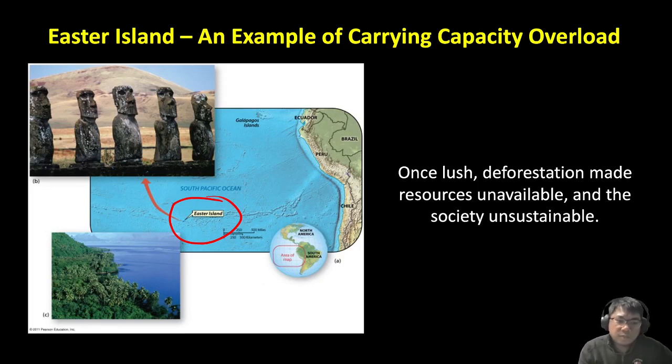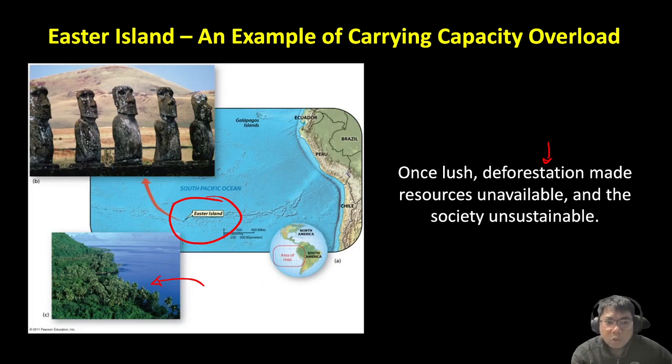This island used to be lush, and there was a lot of greenery, trees and vegetation, but deforestation that occurred on this island unfortunately made resources unavailable, and the society became unsustainable.